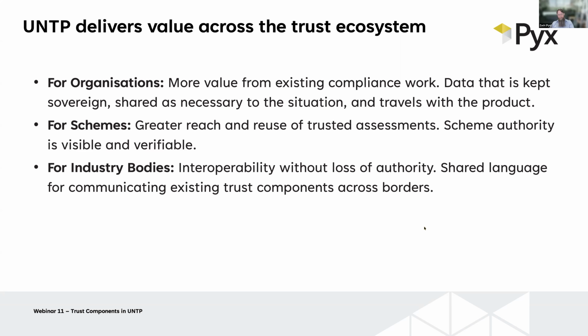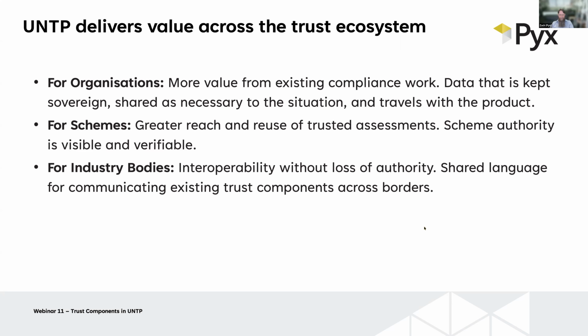For industry bodies, interoperability without loss of authority, shared language for communicating existing trust components across borders. What we mean by that is ensuring that when your members articulate the value of your membership, so if you're the Champagne authority in France, you add value to your members by ensuring that only the language of Champagne is used by your members.